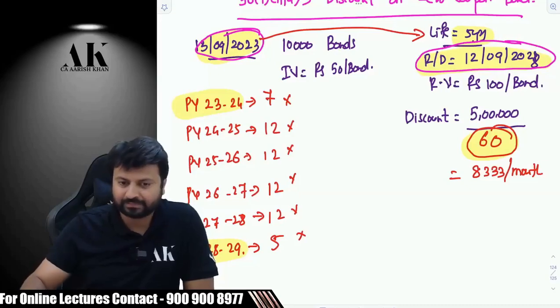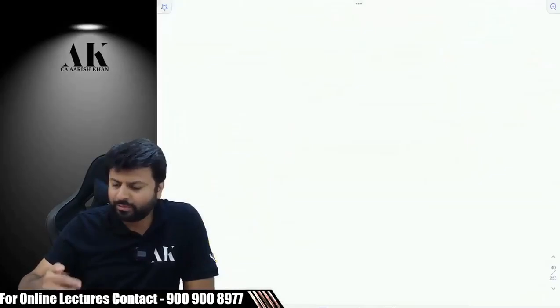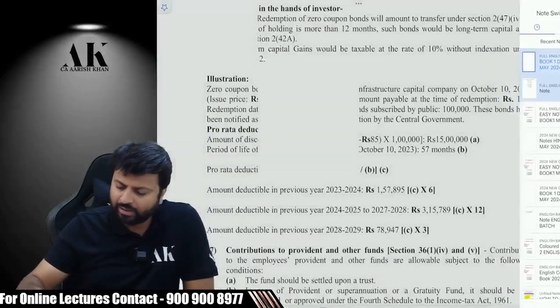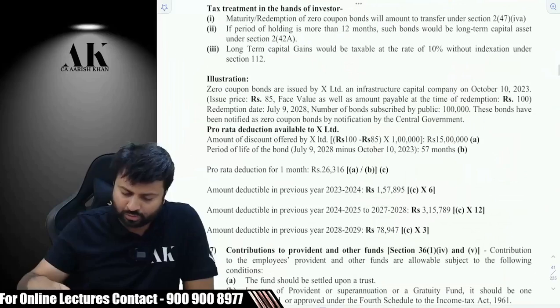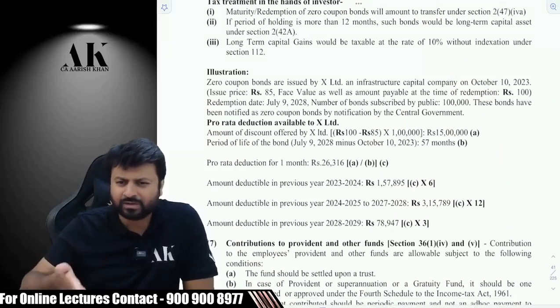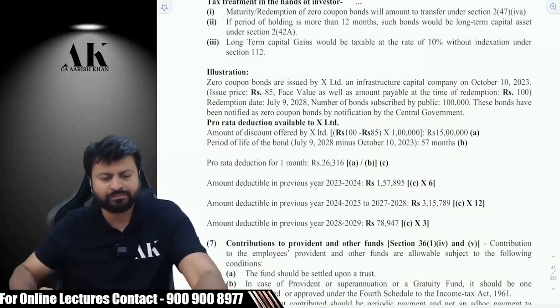Okay. Now, Palani, you had a doubt. I'll come to you just in a while, Palani. In the meanwhile, all of you please go through this small illustration which is there in the book, which is somewhat similar to what I have done just now in the class.